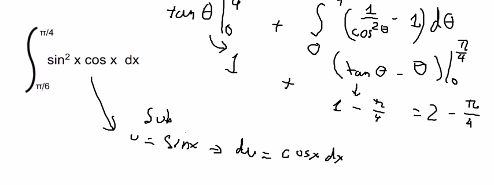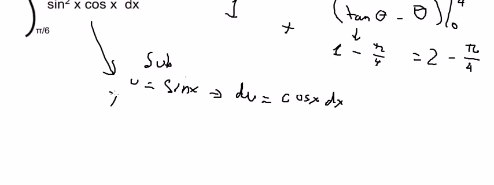So we need to change the bounds in here. If s equals pi over 6, we put pi over 6 in here, so you get u equal to 1 over 2.